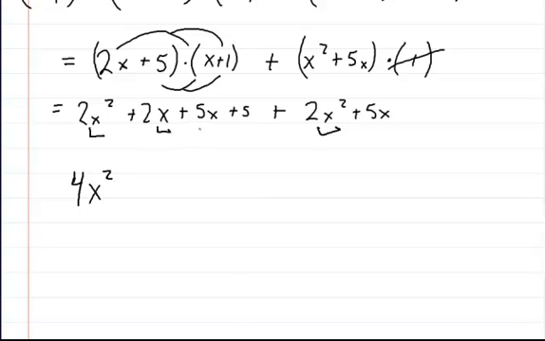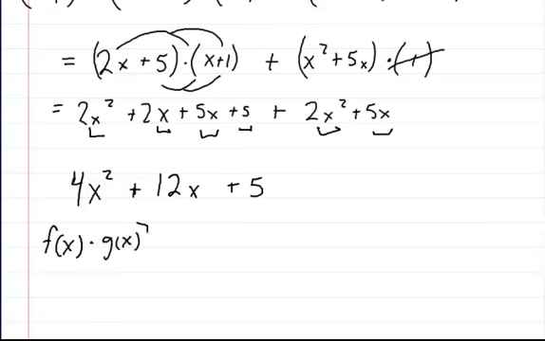So here's 2x plus 5x plus 5x. So that's equal to 12x. And now we're just left with 5, so that's plus 5. So that's the answer. So the derivative of f of x times g of x is just equal to 4x squared plus 12x plus 5. And that's how you would do that one.